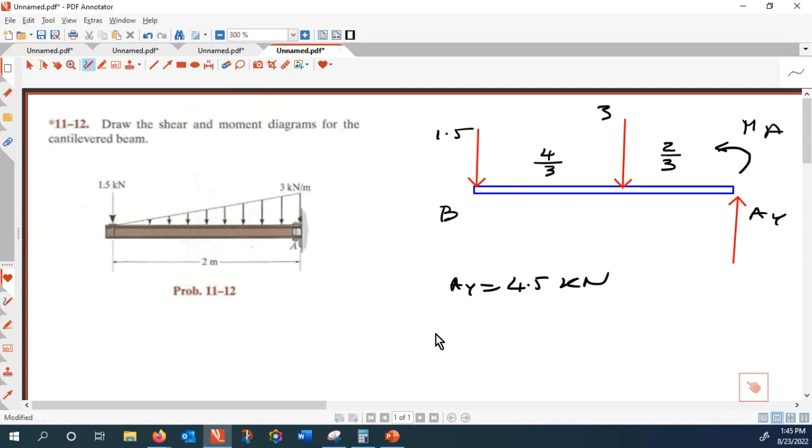And then finding M of A. Net rotation with respect to A equal to 0. That is 1.5 times 2, that is a positive rotation, plus 3 times 2 by 3, that's a positive rotation.